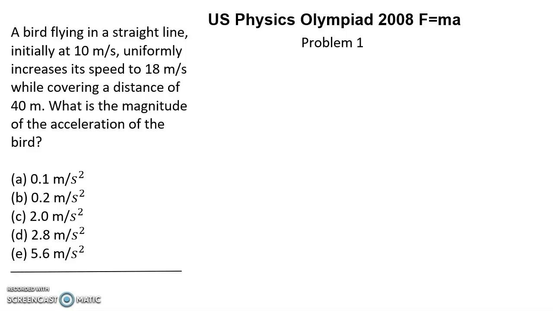Hello everybody. Today we will discuss problems from the first tour of US Olympiad year 2008, F equals MA. There are as usual 25 problems, for which you will get 75 minutes, and you need to solve as many problems as possible.